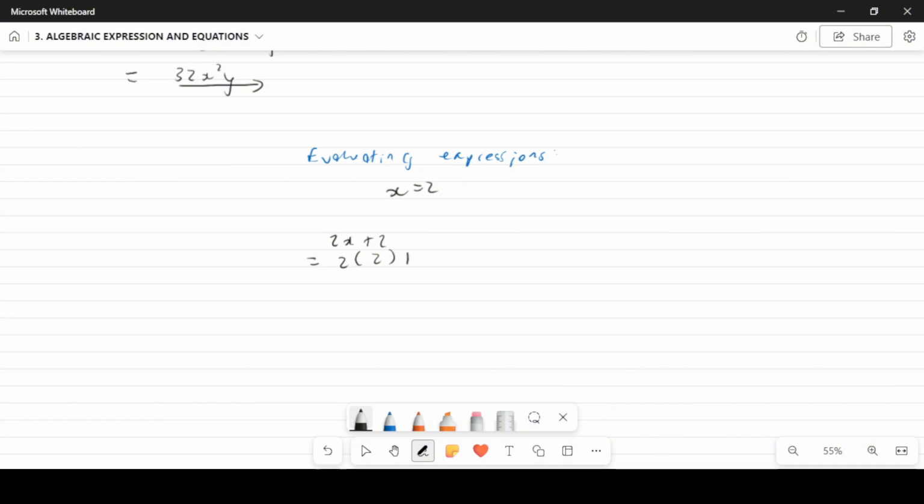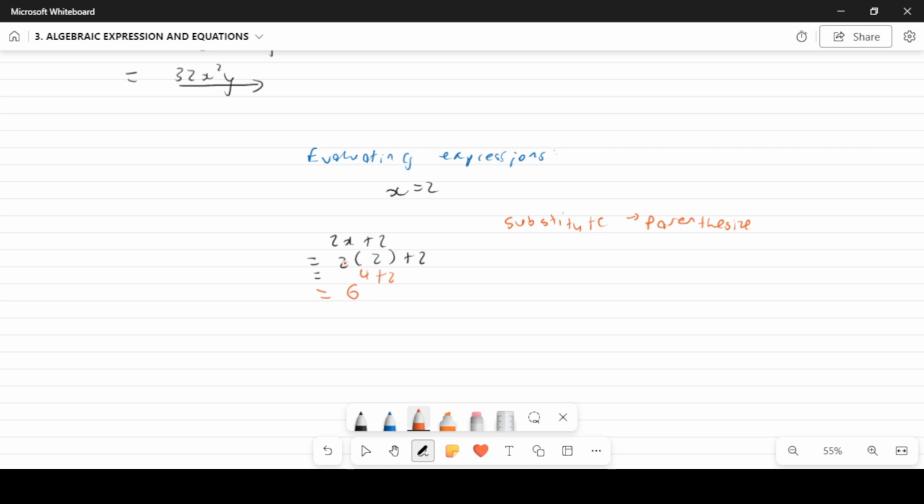Wherever you see the x, you put 2, because they're saying that x is 2. But you must remember something. Whenever you substitute, you must parenthesize. Parenthesize meaning put whatever you're substituting in brackets. So this will be 4 plus 2, which is equal to 6.